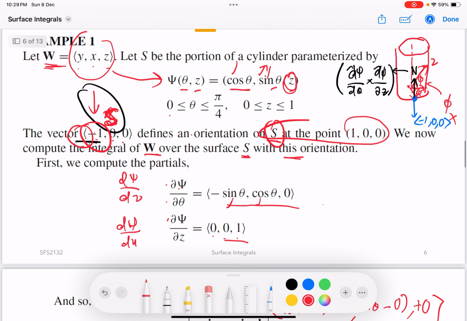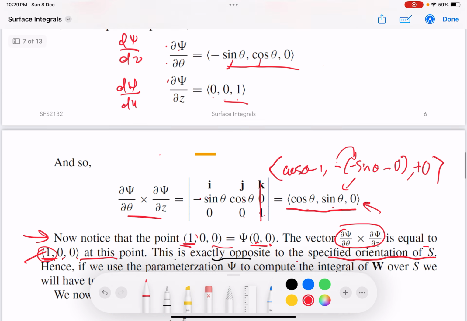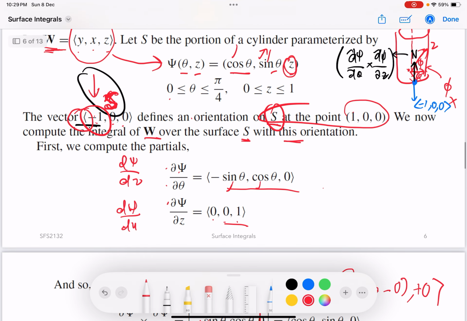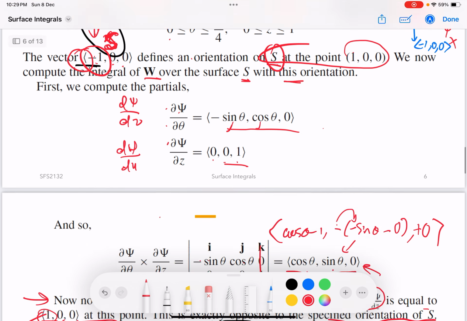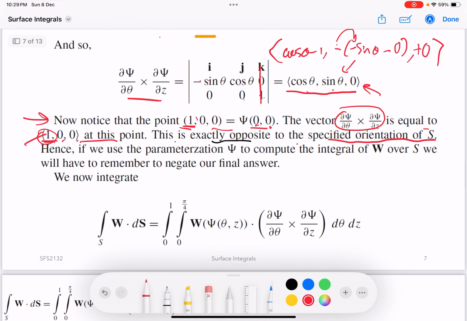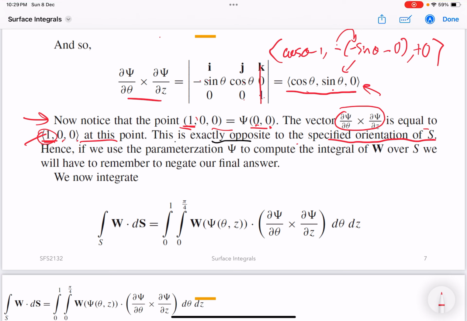For the surface integral, the vector of S is not in the same direction as N. It is not 90 degrees either, but it is a 180 degree difference. So if we use the parameterization psi to compute the integral of W over S, we need to remember to change the direction of our final answer. This is the key.